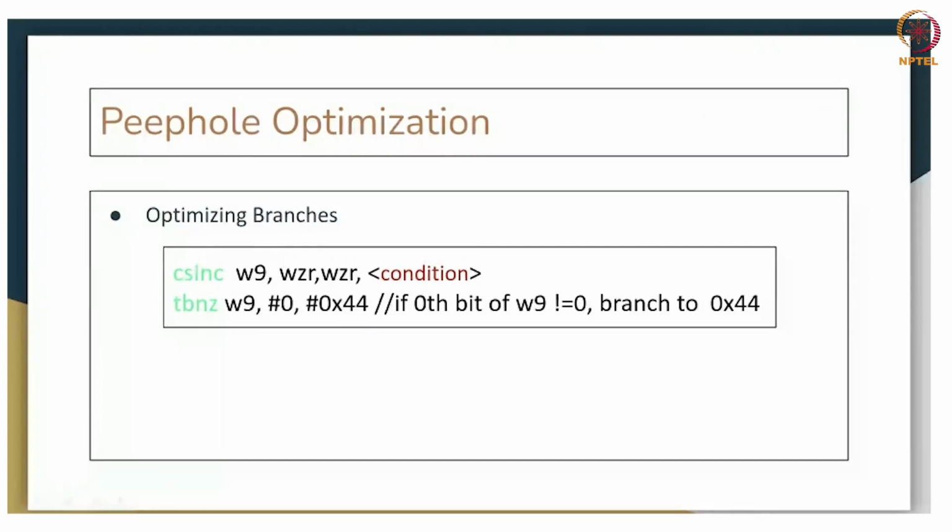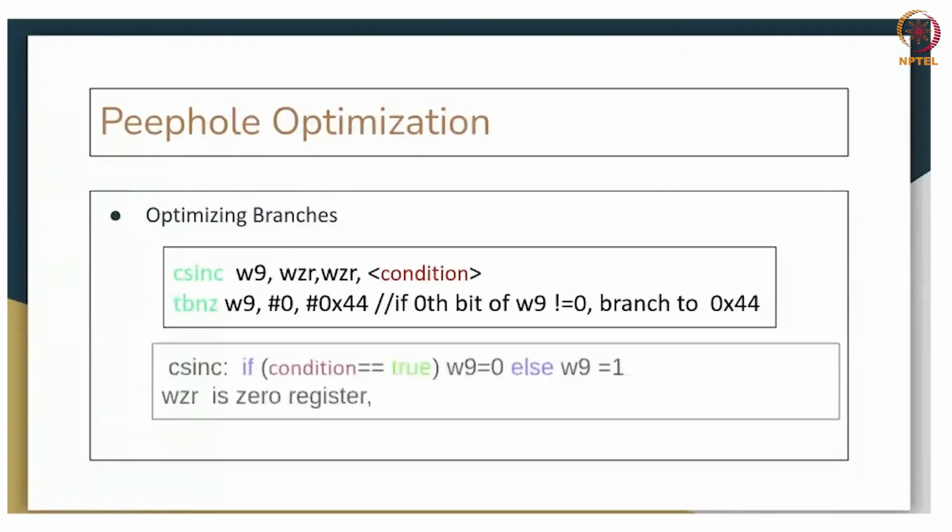You can look for a better instruction available in AArch64 so that this can be converted to one instruction. CSINC: if the condition is true, W9 is 0, else W9 is 1; WZR is the zero register.